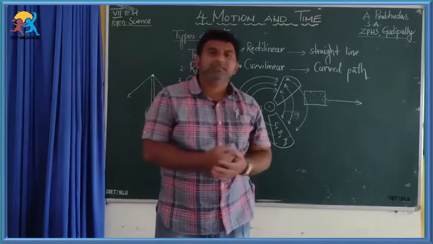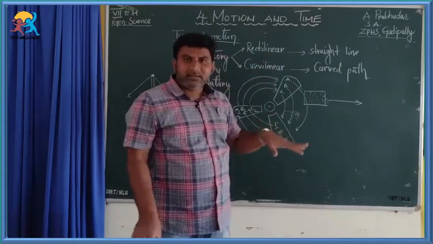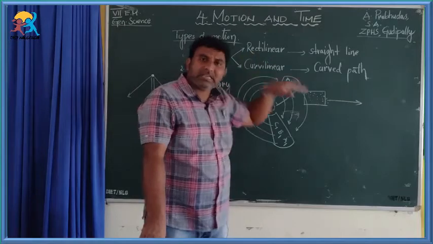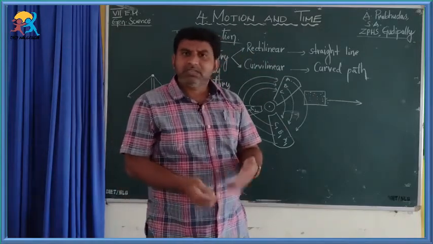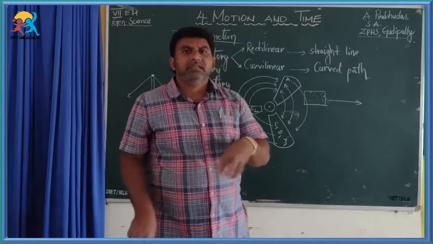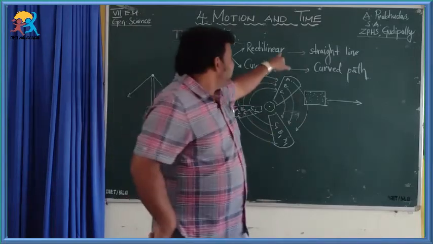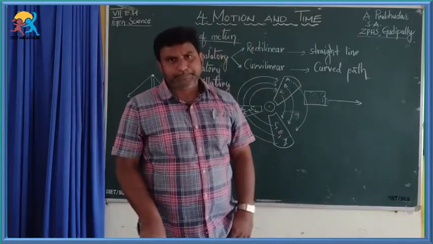If an object travels in a straight line, such type of motion is called rectilinear motion. Rectilinear motion is also a translatory motion. If you say translatory motion, that would be right. If you say rectilinear motion, that would also be right, because rectilinear motion is a type of translatory motion.